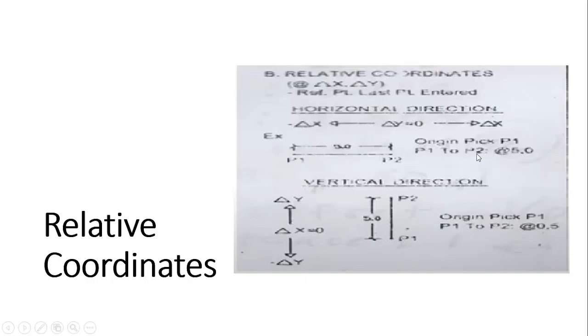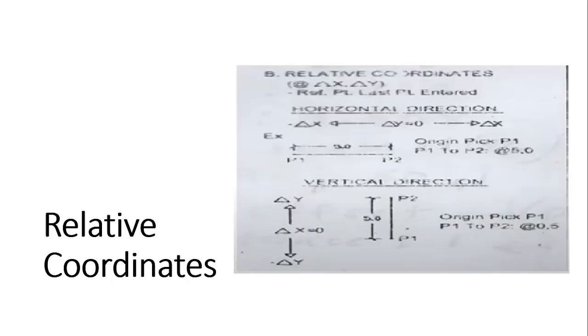Positive to the right, negative to the left. To draw this line from point 1 to point 2, we declare at 5, comma 0. To draw a line from point 2 to point 1, we declare at negative 5, comma 0.